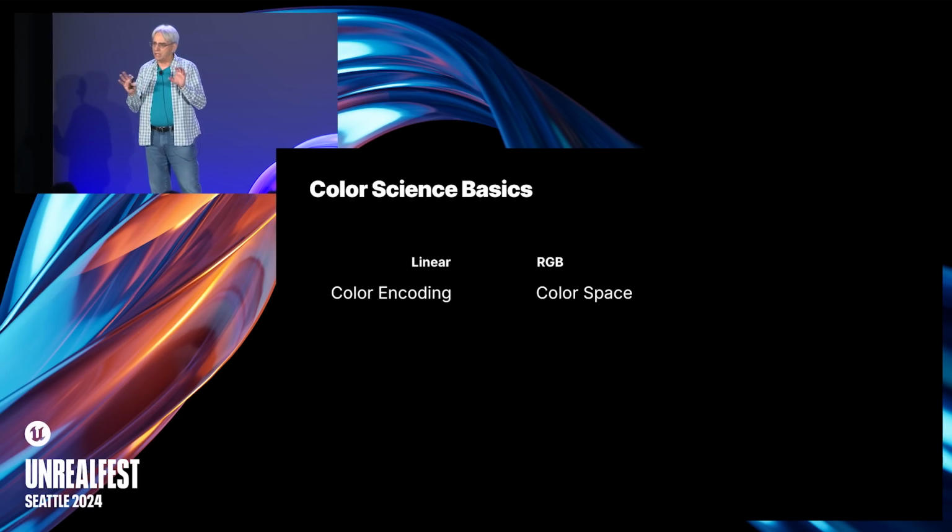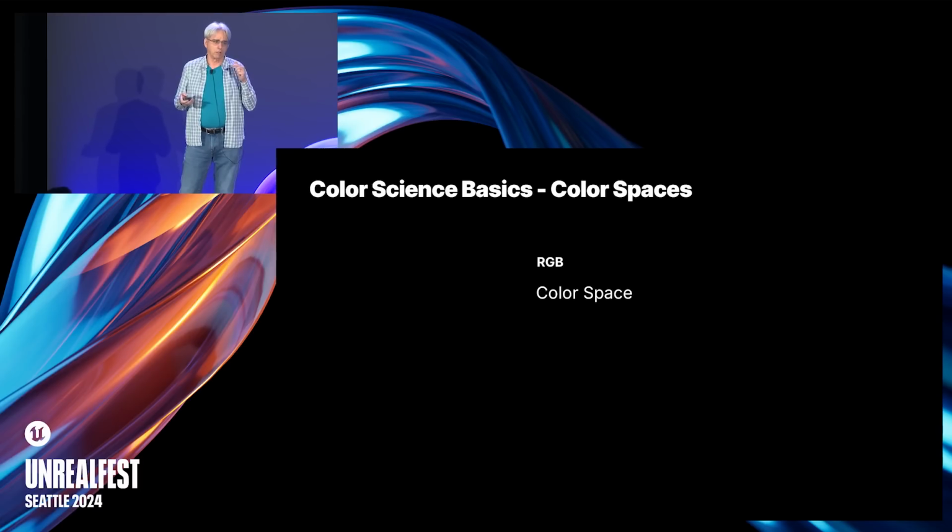And those are the color encoding and the color space. Many people, when they say the words color space, include the notion of color encoding, and to be honest, I'd prefer that you not do that. If you can, try to keep them separate because they're distinct from each other and they both matter independently, and you need to keep track of them in the engine.